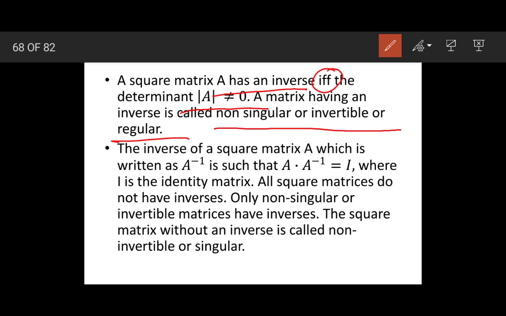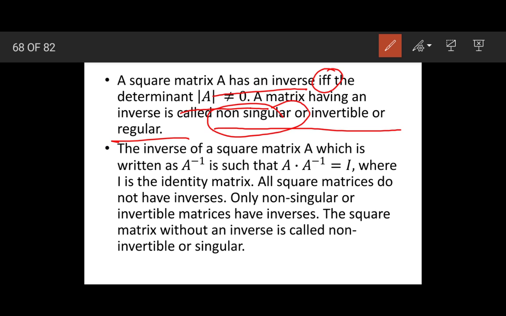So the first very important thing is that the determinant of A should not be equal to 0. It should be non-zero. That means A must be a non-singular matrix. If A is a non-singular matrix, then only A inverse exists. Then only we can find A inverse.